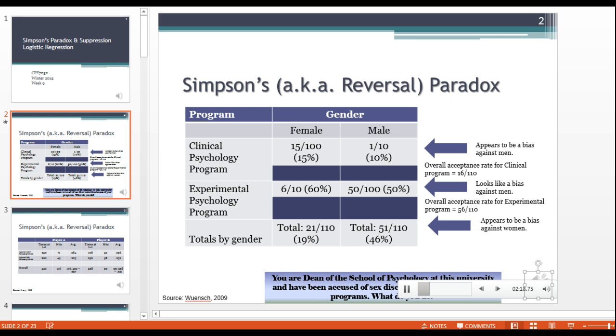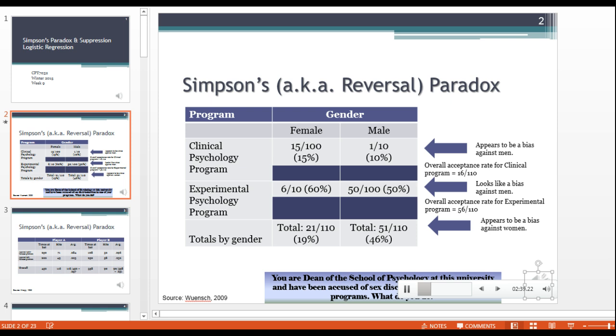However, if we look at the gender totals, that is the last row of this table, across programs, we have a total of 21 females who got into one of those programs, that's 15 plus 6, out of a total of 110 ladies who applied to both programs.